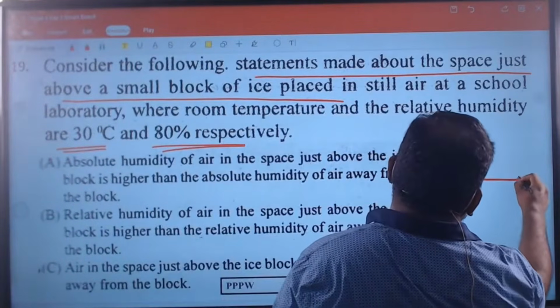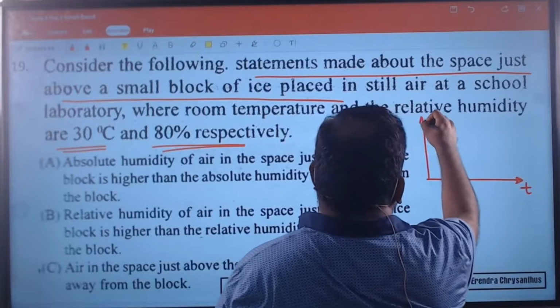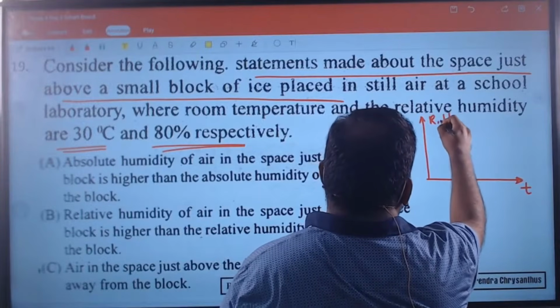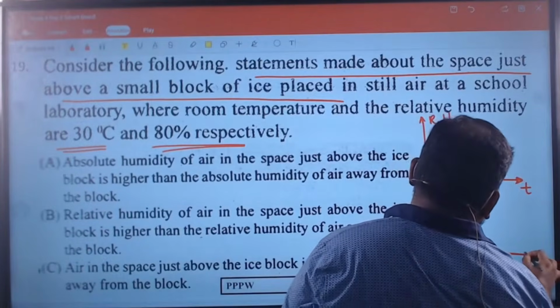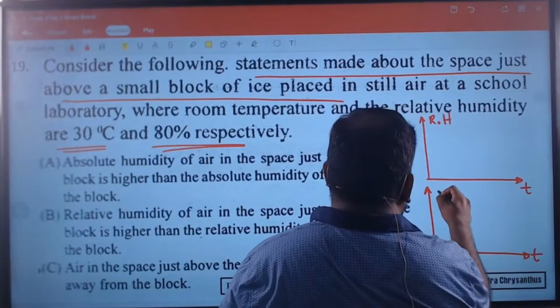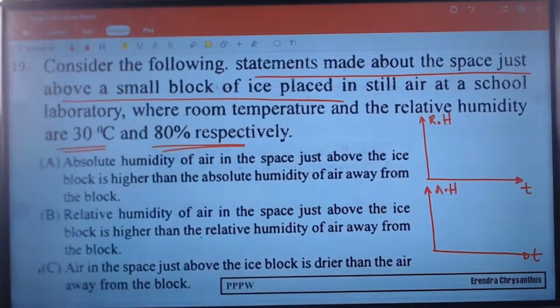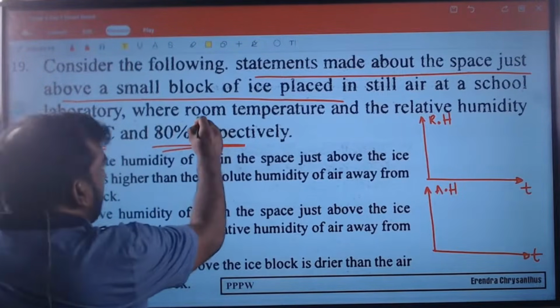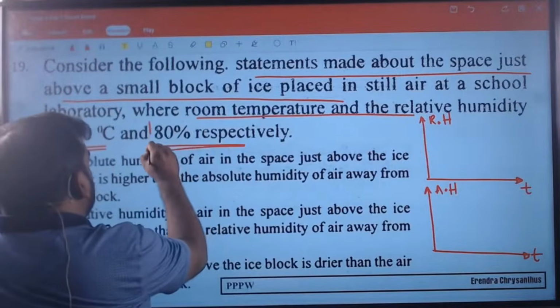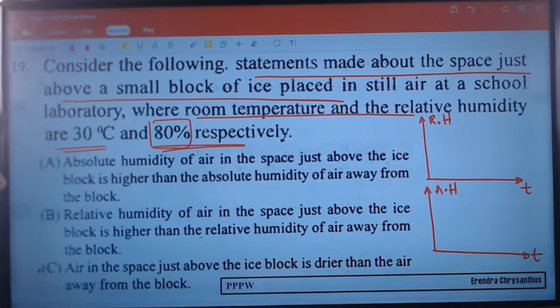So RH variation with time, AH variation with time. Right. So room temperature and relative humidity 80% is there. Absolute humidity in the space above. Read the question carefully.